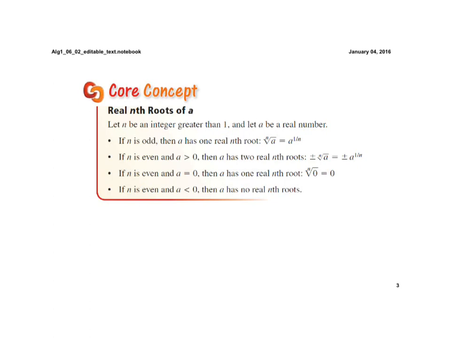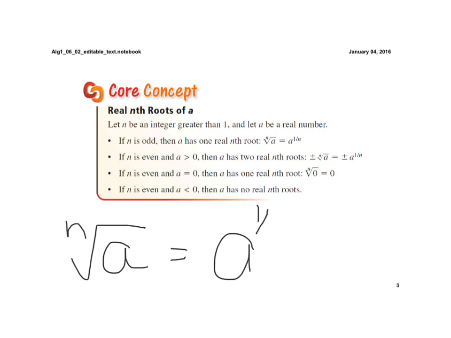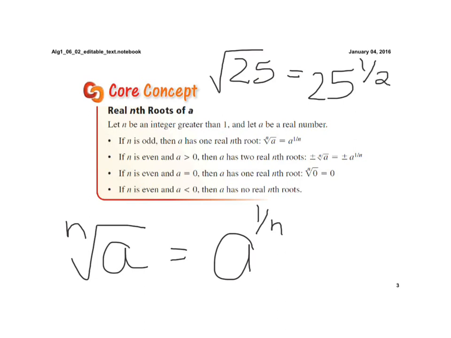Also notice that the nth root of a could also be rewritten as a to the 1 over n. So if we had what you're familiar with, the square root of 25, that could have been written as 25 to the 1/2 power. Since the index of a square root is understood to be a 2, the square root of 25 could be written as 25 to the 1/2 power.